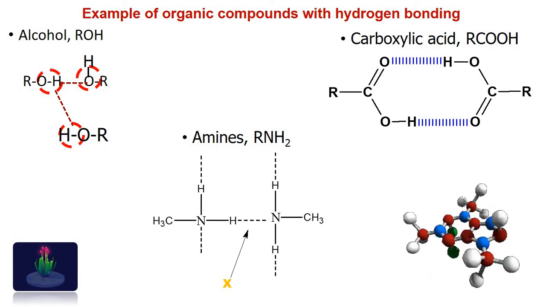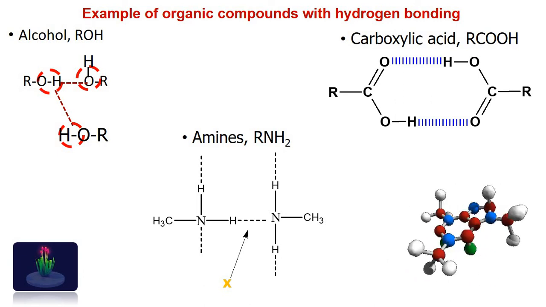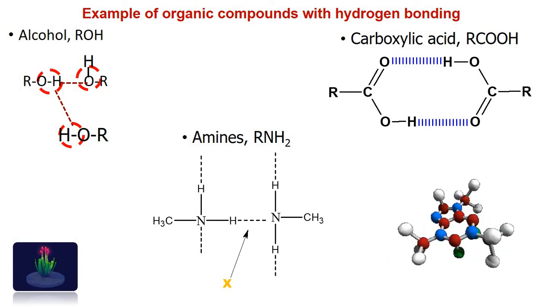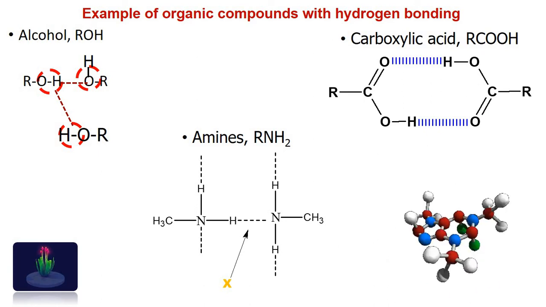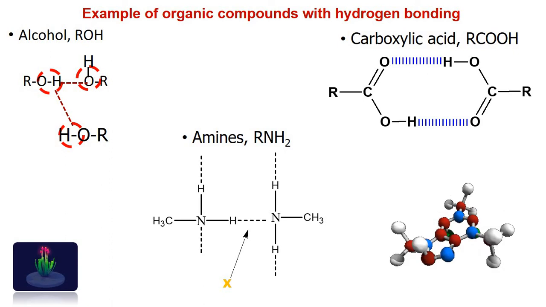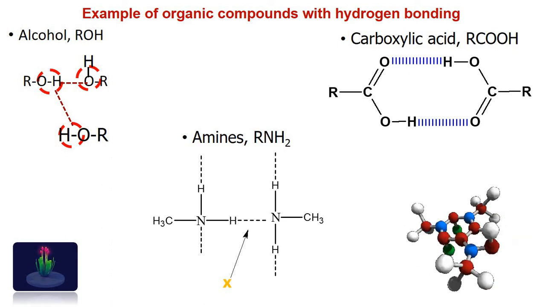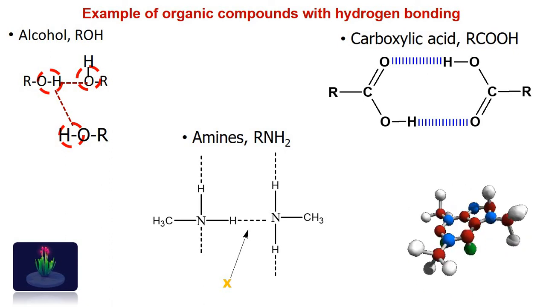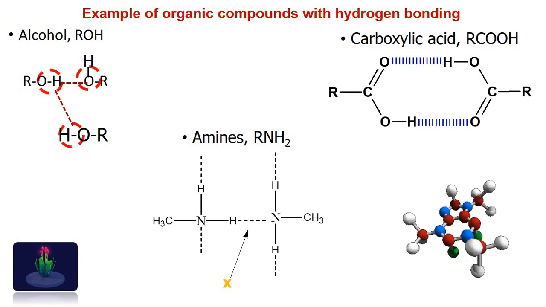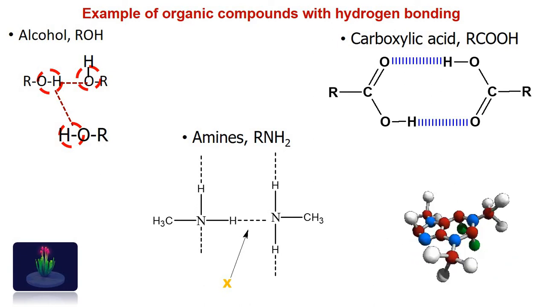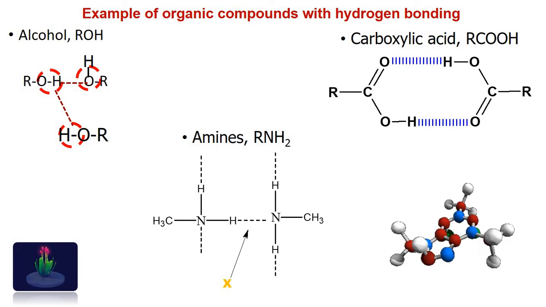Let's recap about hydrogen bonding. Hydrogen bonding is attractive forces between the positively charged hydrogen atom of a molecule and the negatively charged electronegative atom of another molecule. In alcohol molecules, the electronegative atom is oxygen atom.